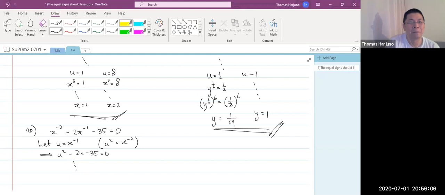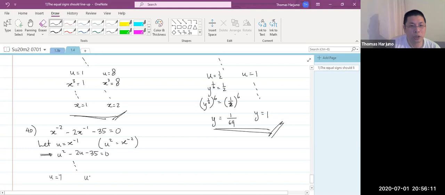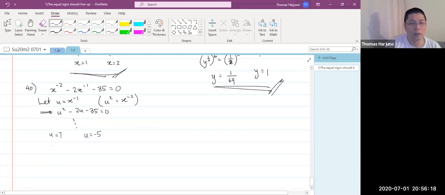And you will get u equals 7, u equals negative 5. And then I put it back, x to the negative 1 equals 7. It means 1 over x is 7. I do the reciprocal of both sides, I get this. So likewise here, with a similar procedure, I get x equals negative 1/5.